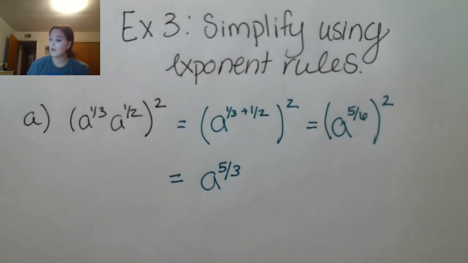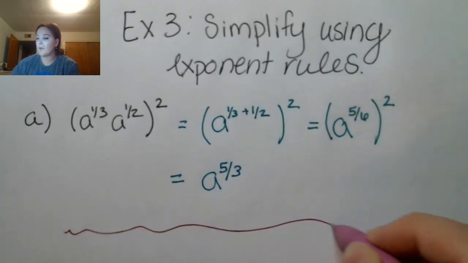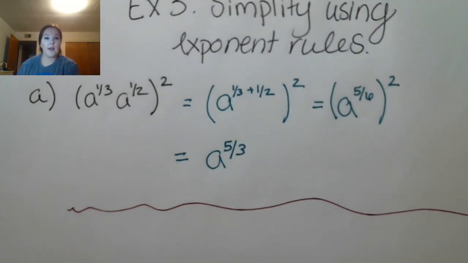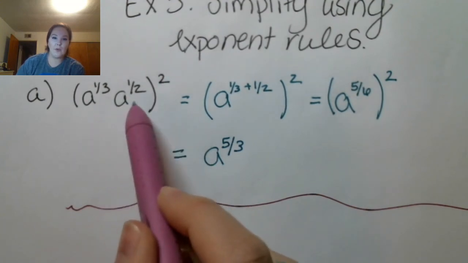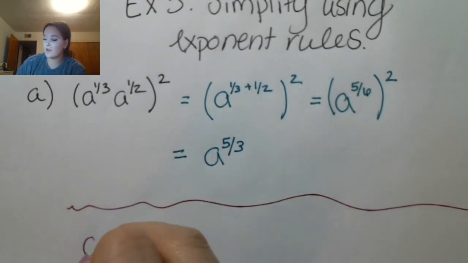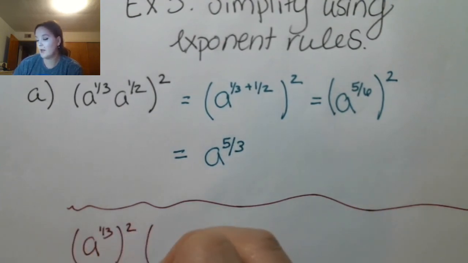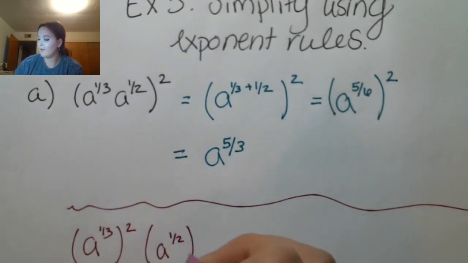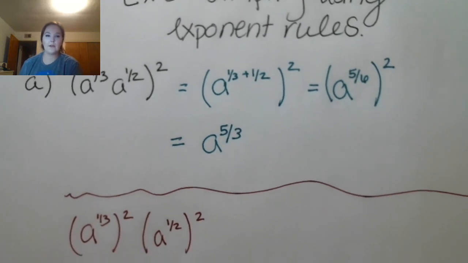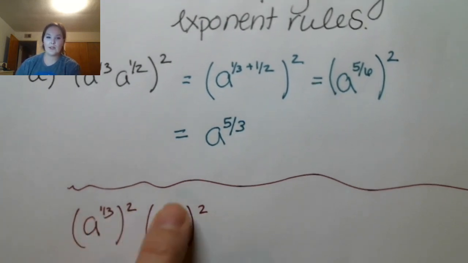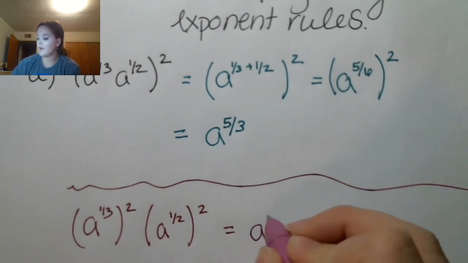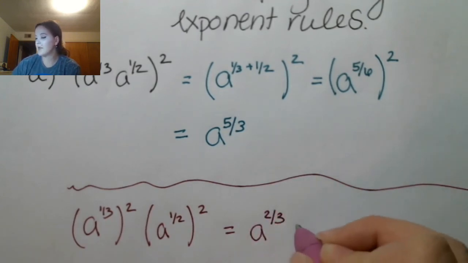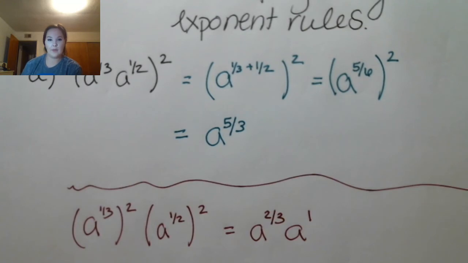Another way to do this, remember these exponent rule questions often have a lot of ways to do them, is to distribute this exponent to both bases first. So this would give us a to the 1/3 squared times a to the 1/2 squared. Then we're going to multiply these two exponents and these two exponents. So this would give us a to the 2/3 times a to the 1.